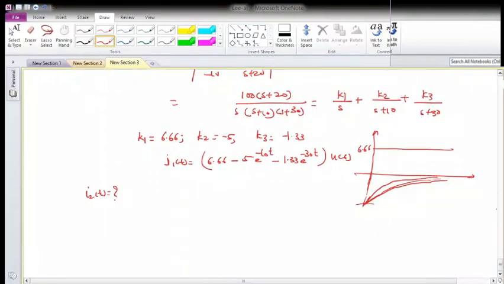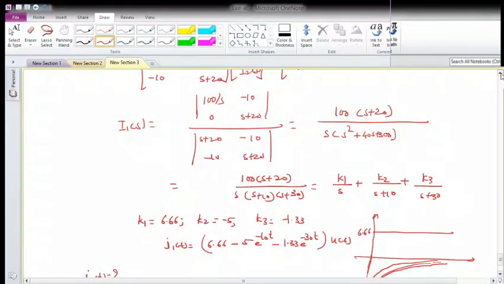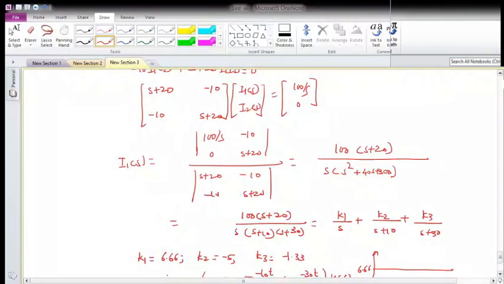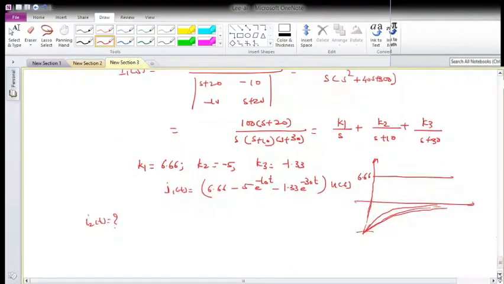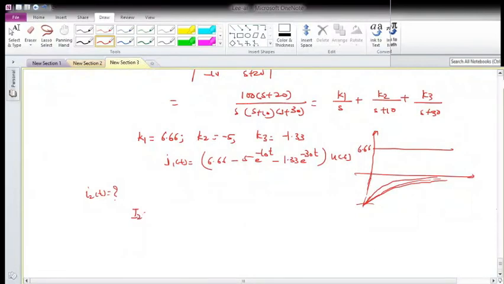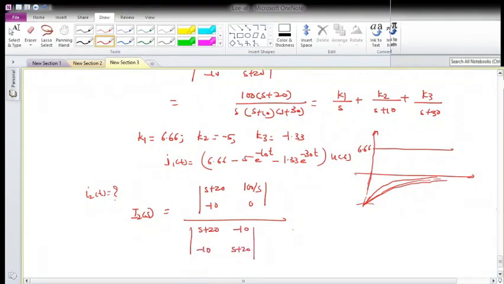So for writing I2(s), it will be [s + 20, -10; ...]: the first column will be as it is, the second column will be replaced by the right hand side, and the determinant is the same, (s + 20) into (s + 20) minus 100.